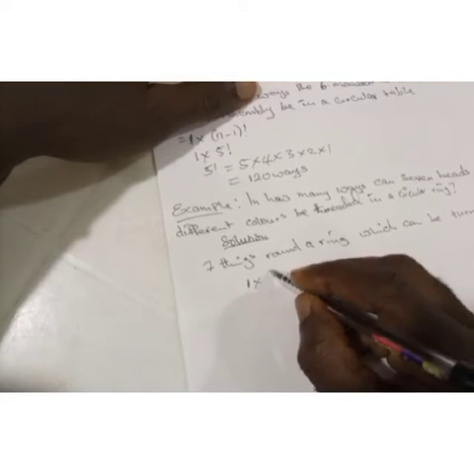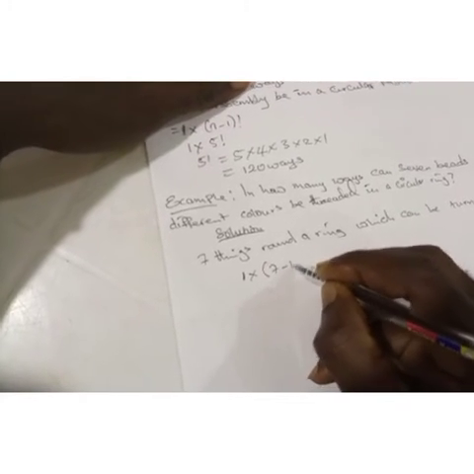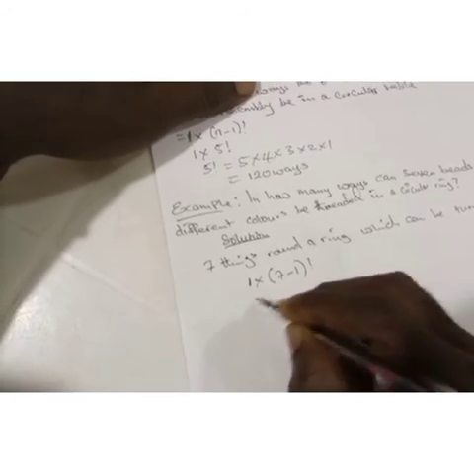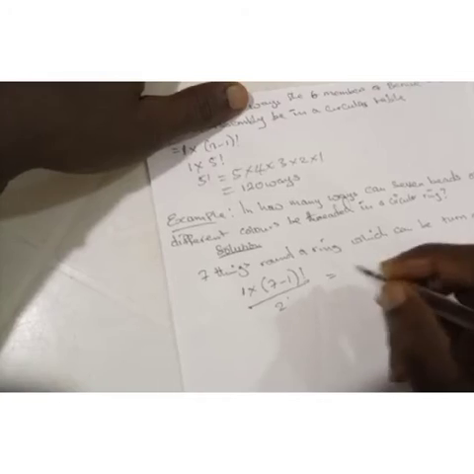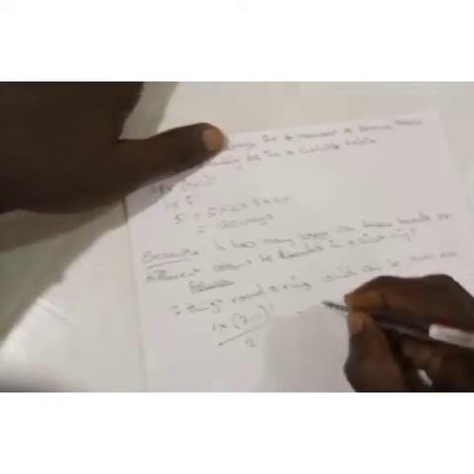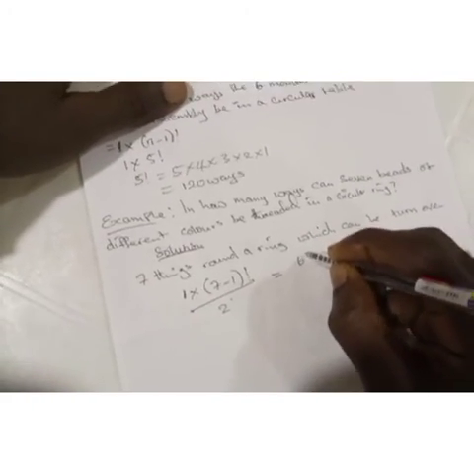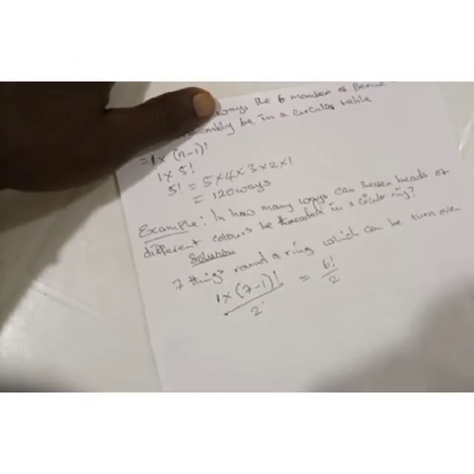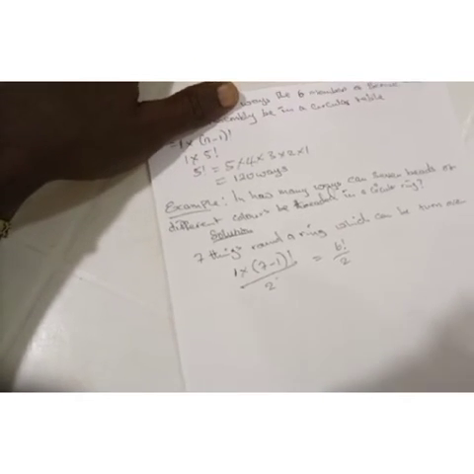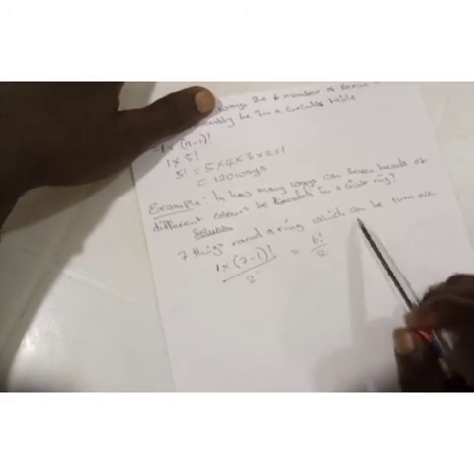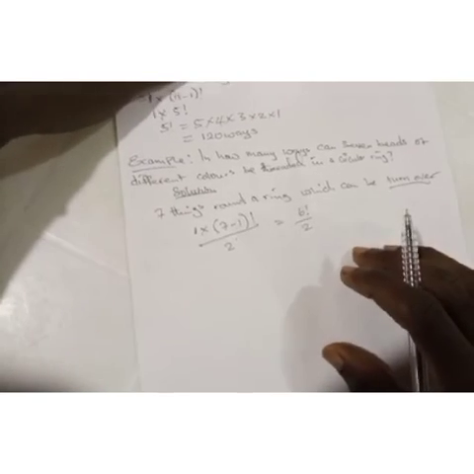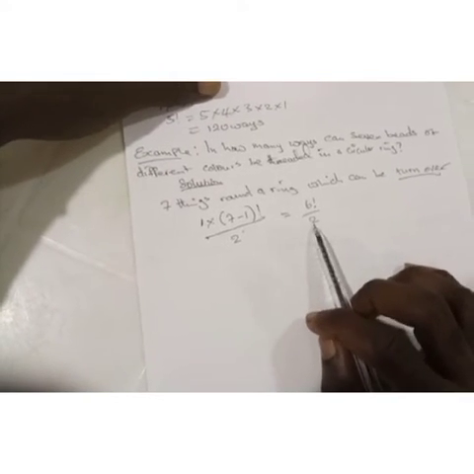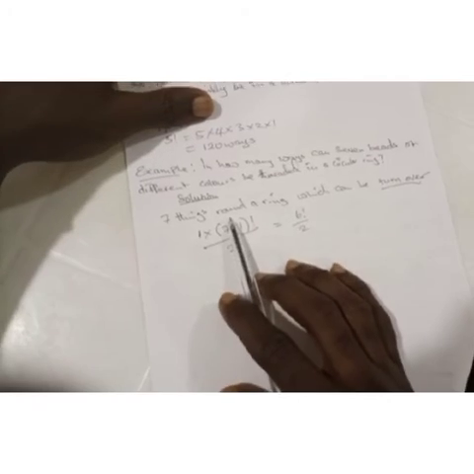So in this situation, we have 1 times (7 minus 1) factorial over 2, which is equal to 6 factorial all over 2. Don't be confused when I'm dividing this by 2. When it is turned over, you divide by 2, since it's seven things round a ring which can be turned over.